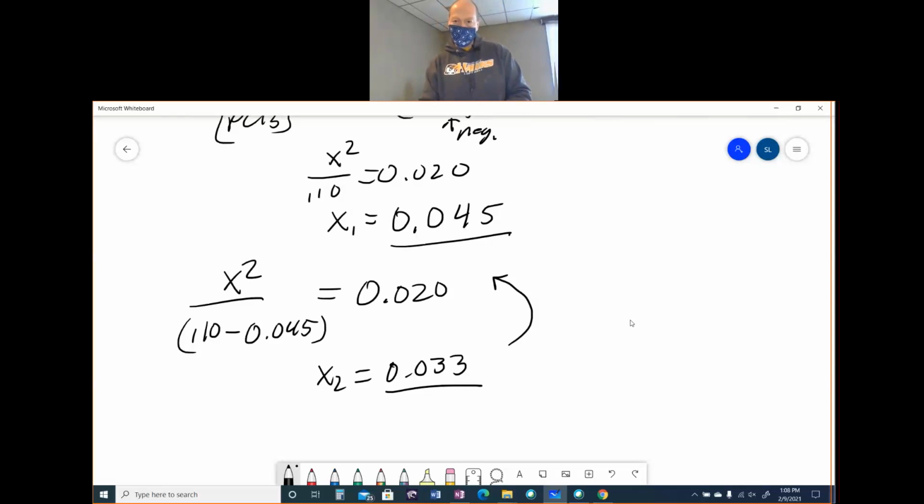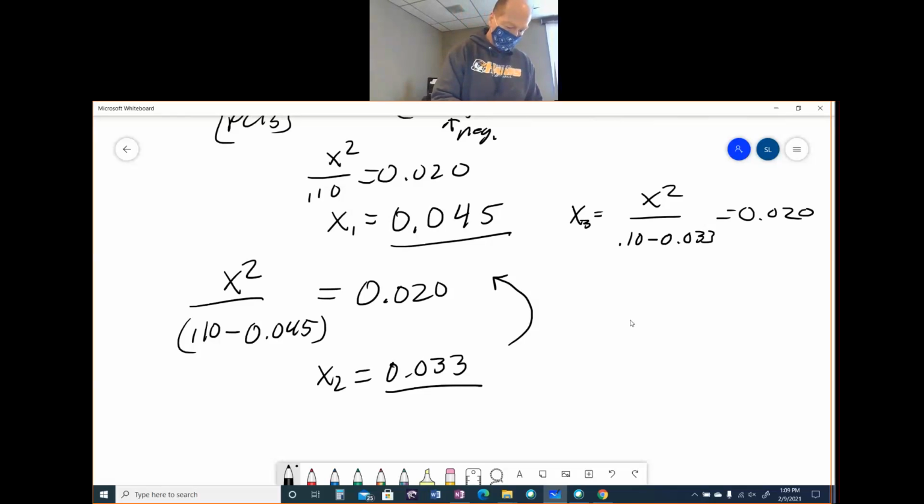So now for X3, we have to put in that number, X squared over 0.10 minus 0.033 is equal to 0.020. And that gives you 0.03637 to 2 sig figs.